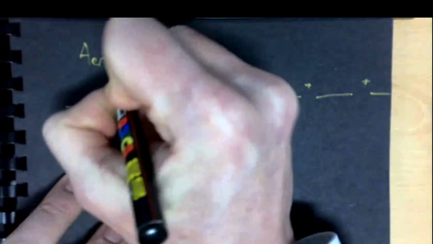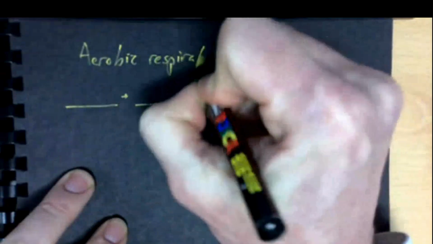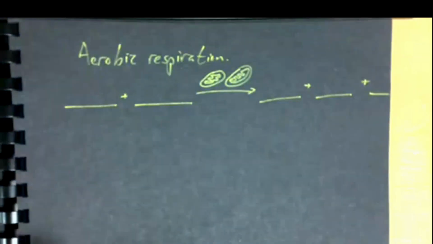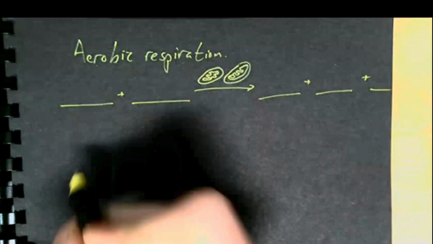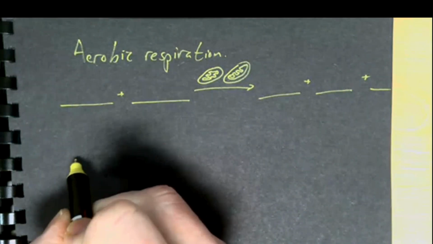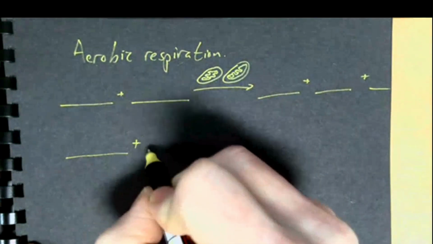Okay, so this is aerobic respiration. If you're feeling really confident on your word equation, you can then go straight on and also have a little go at a balanced symbol equation.